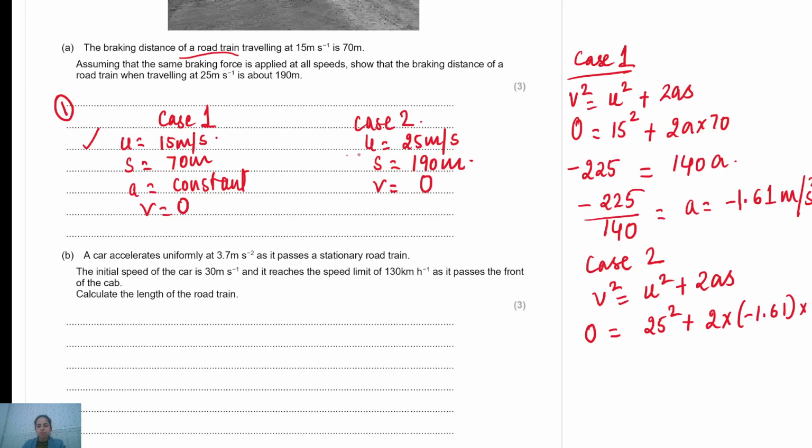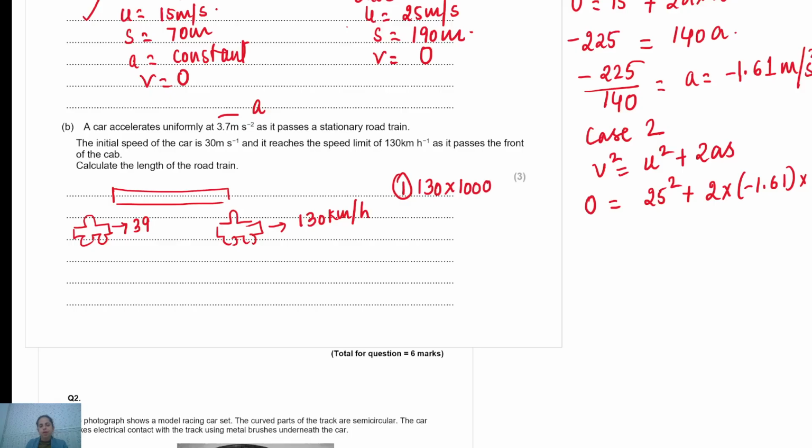So do you see? What they've done here is create a first step for you. They convert this 130 kilometers per hour into meters per second. Kilometers is times 1000, hour is divided by 3600, so this converts into meters per second.